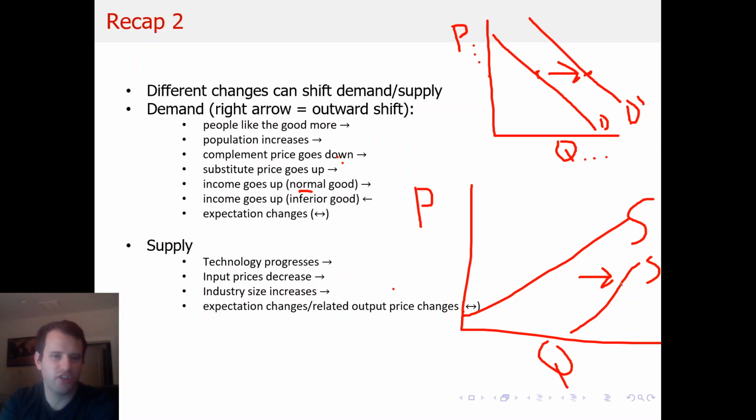Related output price changes, I'm not even going to cover again. I talked about it in the first lecture, but I do not really like it because I think it causes more confusion than it's worth. But basically, if you expect a substitute good to increase in price next year or now, you might increase or decrease your supply, hoping to capture market share or higher prices.